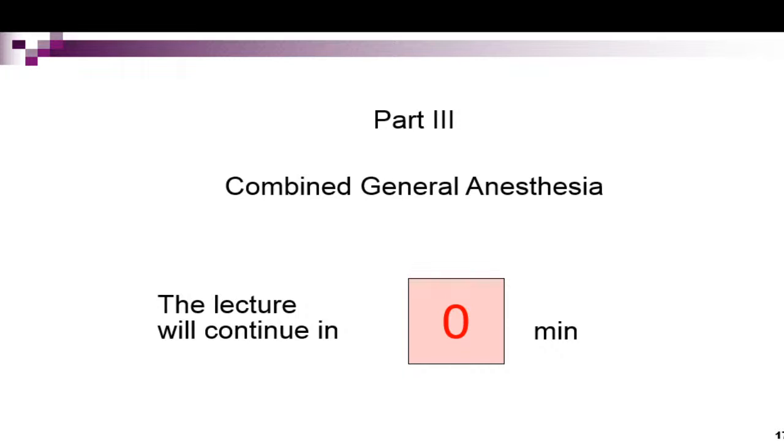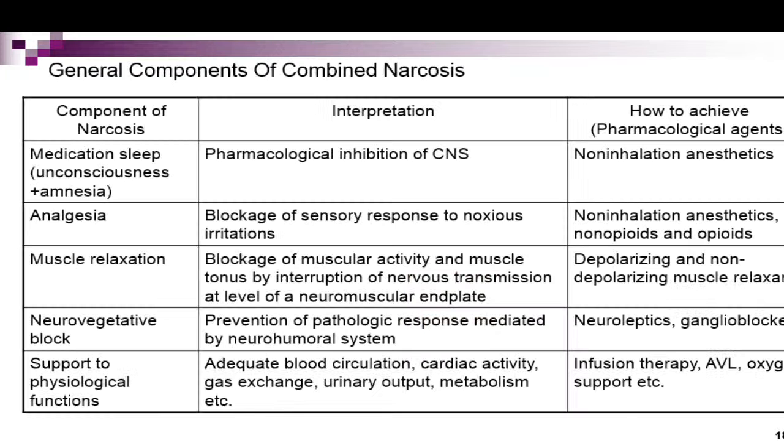Part number 3, combined general anesthesia. As was mentioned above, we have components. We must distinguish components of the anesthesia. Pay attention to this slide. For each component, we have a specific pharmacological drug.